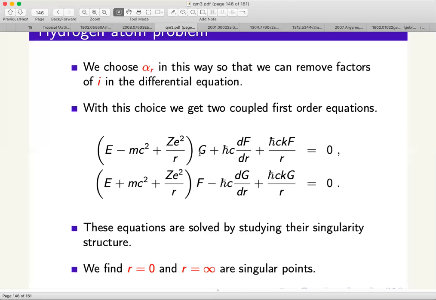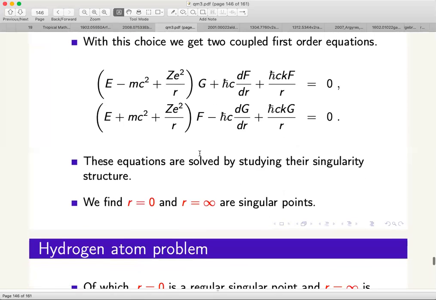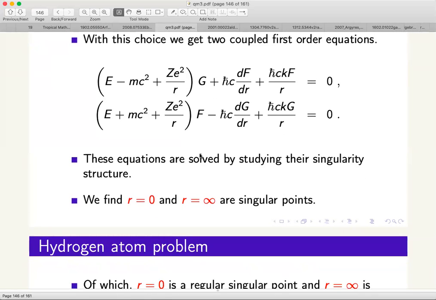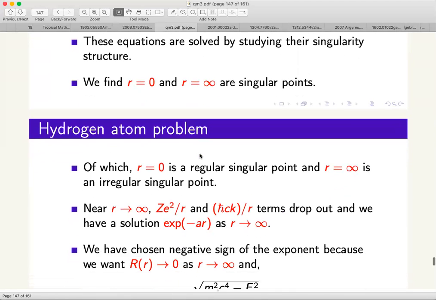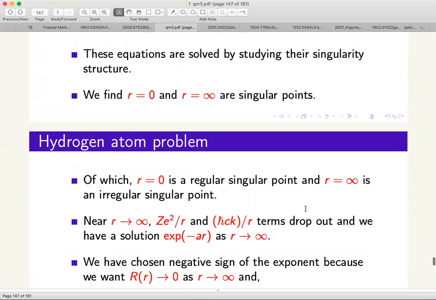Okay, so the definition of an irregular singular point is basically that anything which is not a regular singular point is an irregular singular point. Of course, it has to be a singular point to start with. Okay, so what we find is that r equals 0 is a regular singular point and r equals infinity is an irregular singular point.